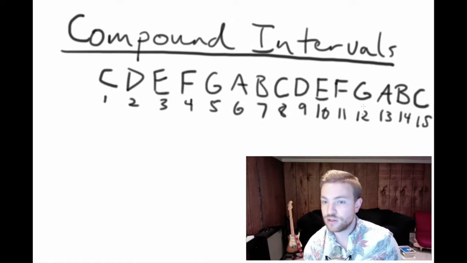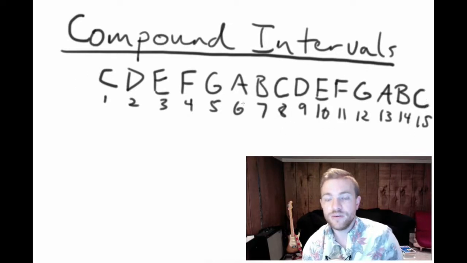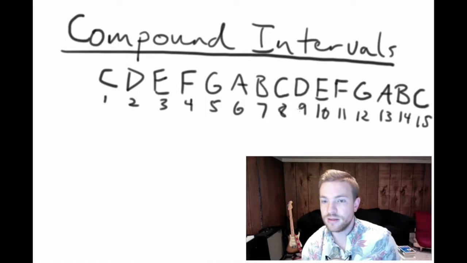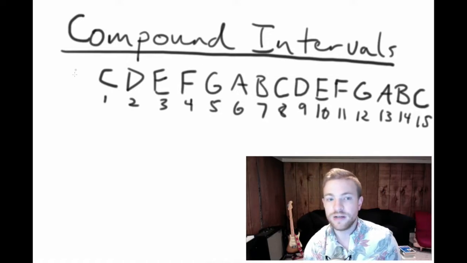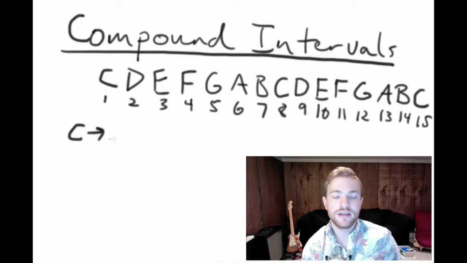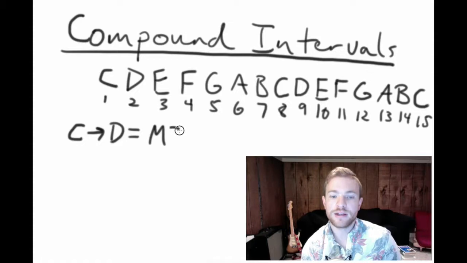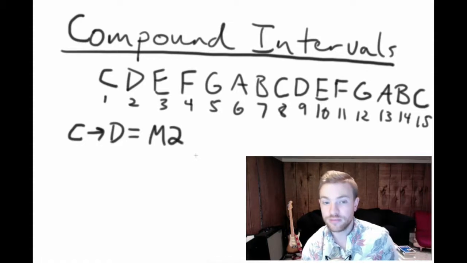So compound intervals are really simple. All you do is you lay out a 2-octave scale like this, going all the way up to the second octave, which is number 15, and then you name the intervals the exact same way that you would with the single octave intervals. So as an example, a C to D, remember we called that a major second, and I'm going to write it using the notation that we just learned.